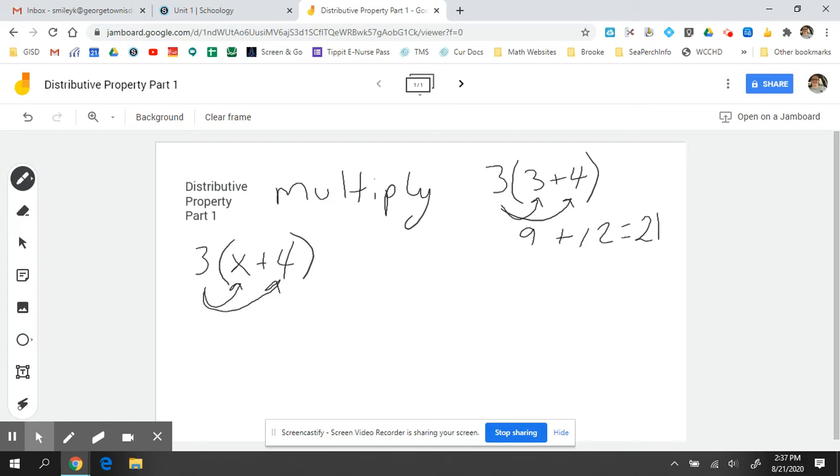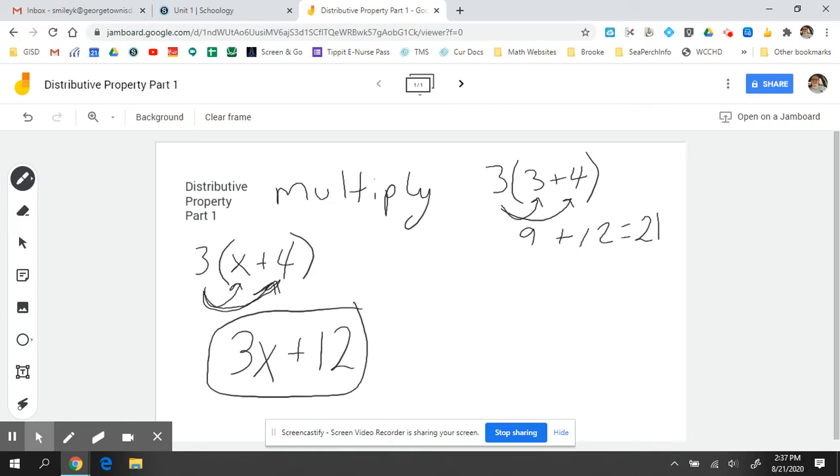So for this example, 3 times x is going to be 3x. And we'll bring down our plus sign. And 3 times 4 is 12. If you notice, there's no equal sign. That means it is an expression. We can't find out what x is. We don't have an equal sign. All right, and that's it.